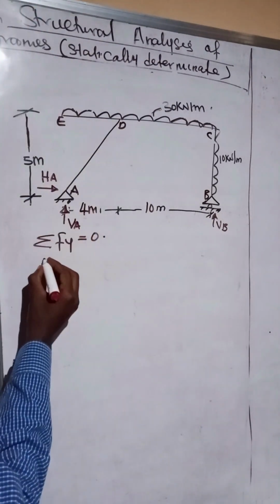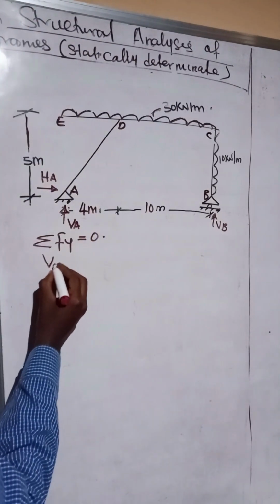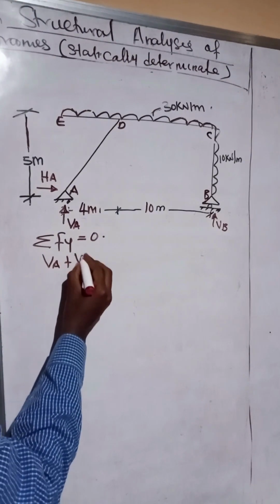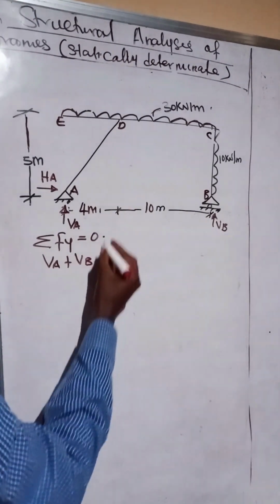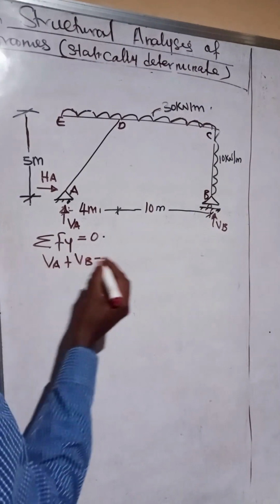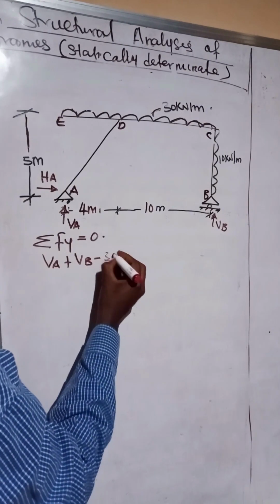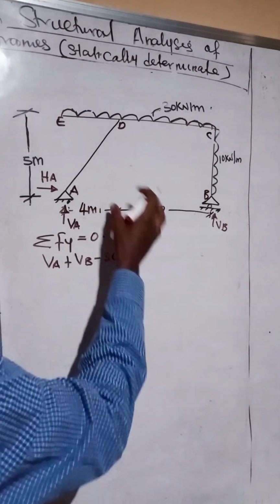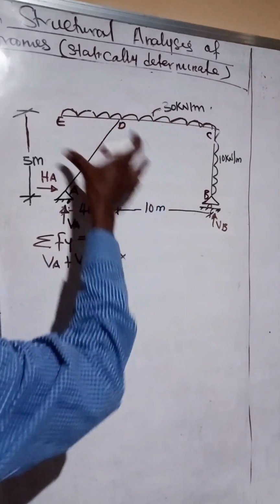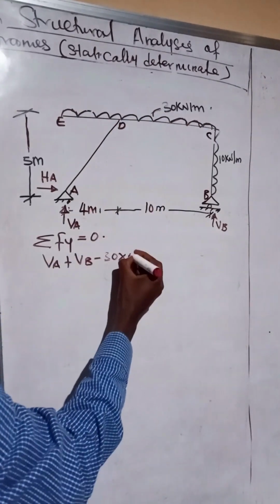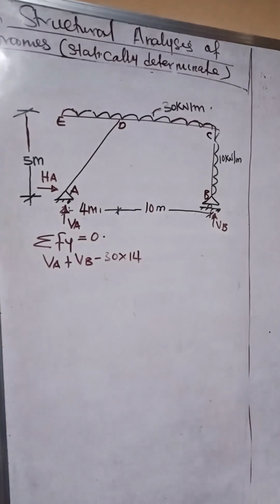So we are going to have VA plus VB minus 30 times the span occupied by this UDL, which is 14 meters, so times 14.